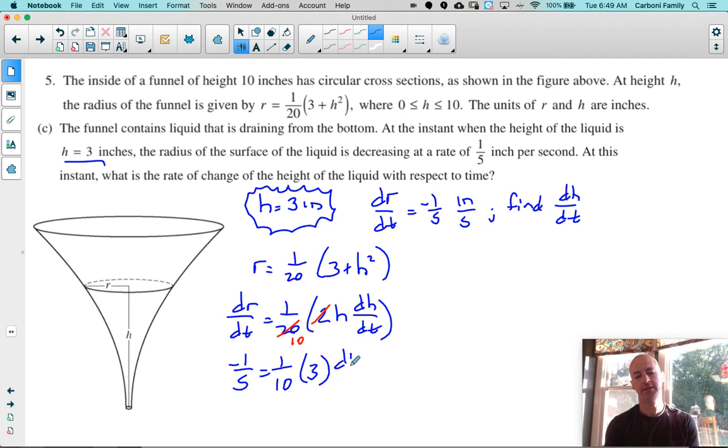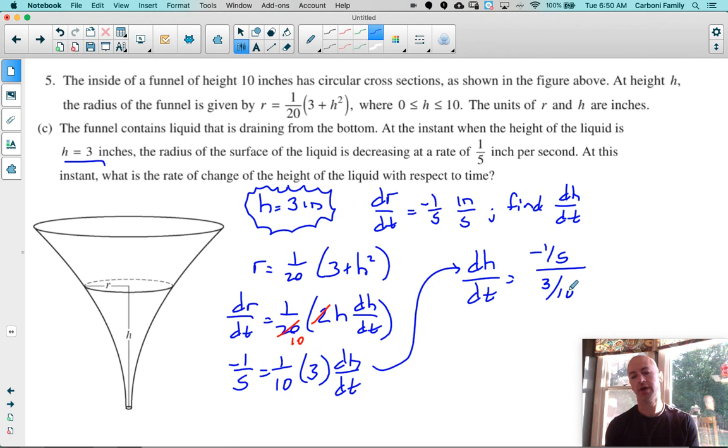And dH dt is unknown. And I tell you what, I'm pretty lazy on these. You do not get extra points for having a nice, clean, simplified answer. So I'm going to leave my answer as negative 1/5 over 1/10 times 3 is 3/10. So I would probably go ahead and change that to 3/10.